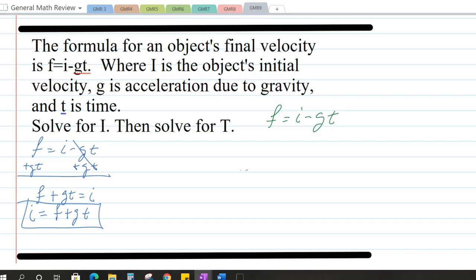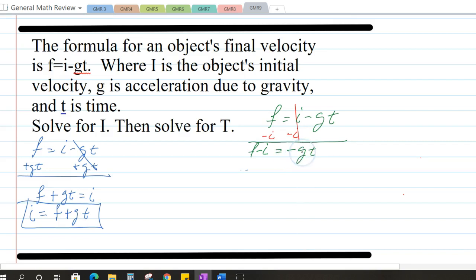That means the first thing I'm going to do is subtract the I from both sides because I'm trying to isolate the t. When I do that, the I's cancel, and I'm left with F minus I is equal to a negative gt.